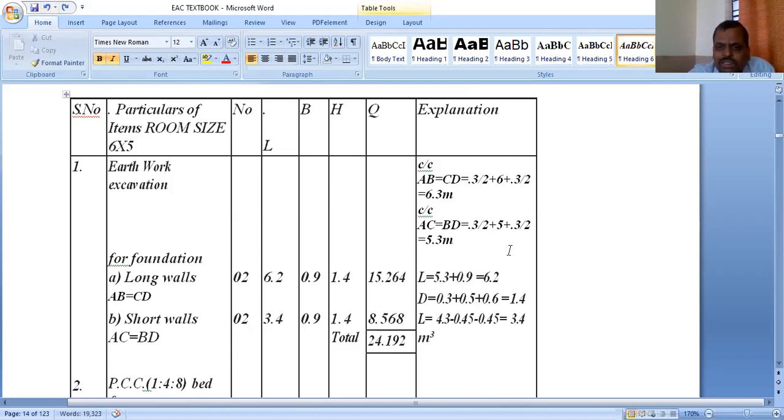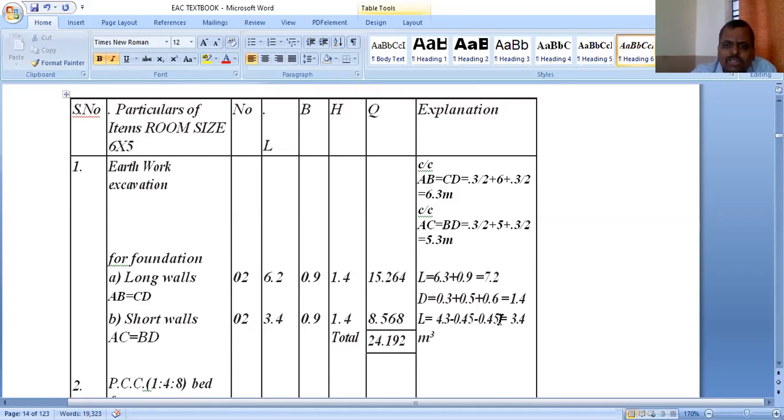So what it will be? Instead of here, we have to just replace it by 6.3 meter. Okay, 6.3 plus 0.9, here it will be 7.2 meter respectively. In the same manner, we have to work out the length of the short wall.